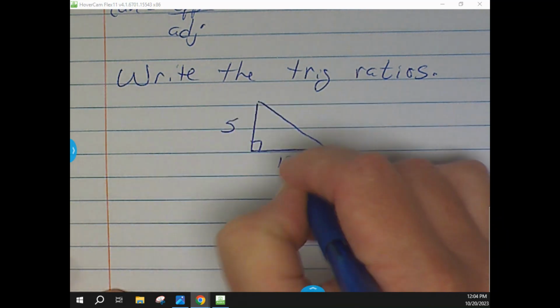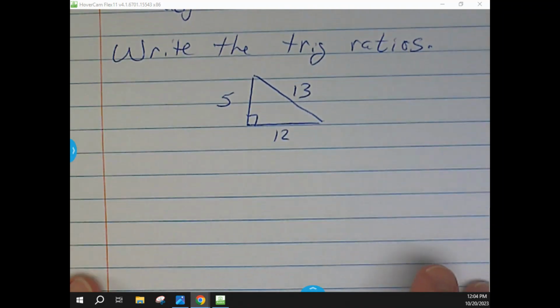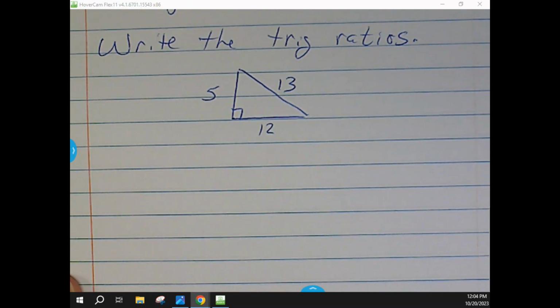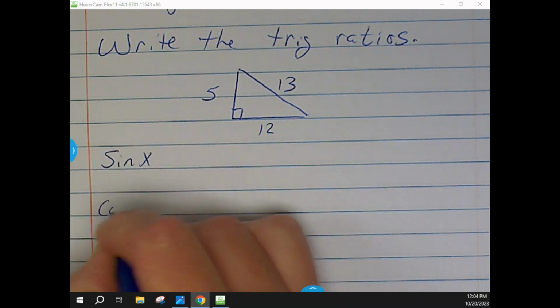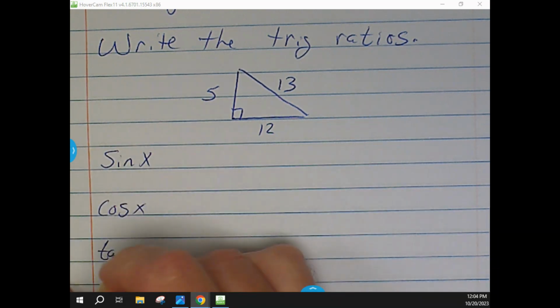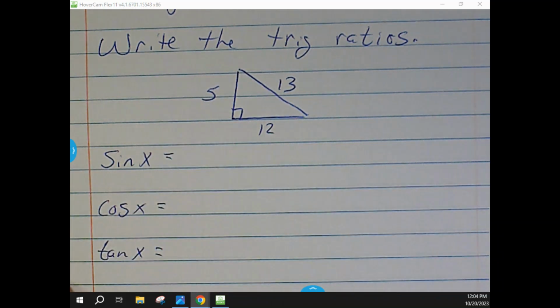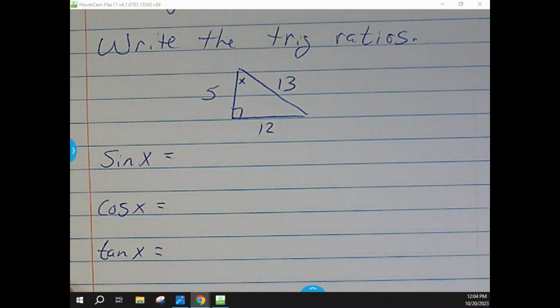So it's 5, 12, and 13. Okay, and they should ask you to find sine of x, cosine x, tangent x. And again, we got to tell you which one's x. So we'll put x in this corner over here.